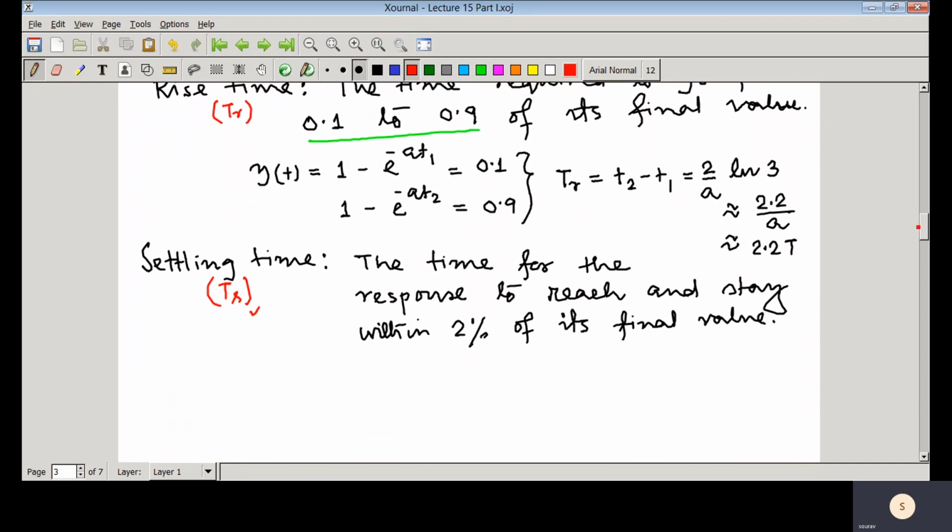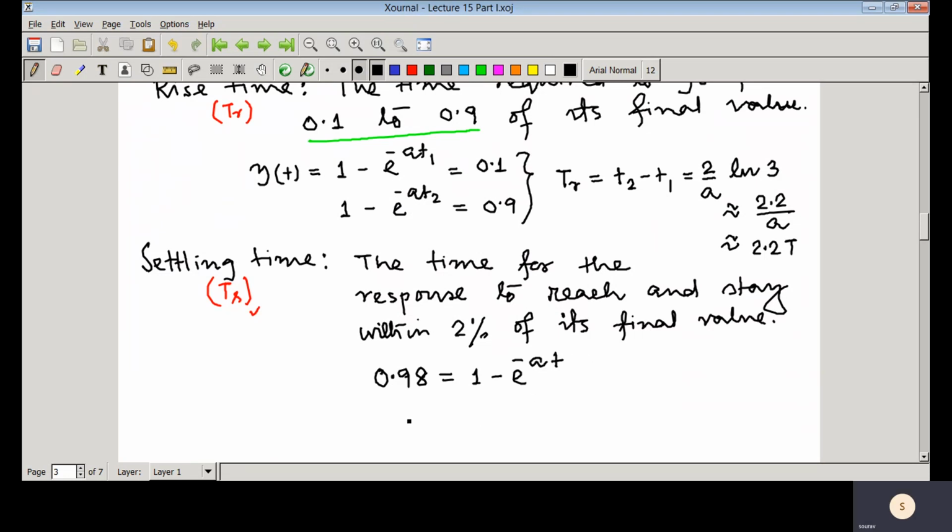That means if your system is very slow, then in that case we take, say, 5%. So here we can write 0.98, that is y(t), within 2% of its final value, that is 1 minus e to the power minus at.